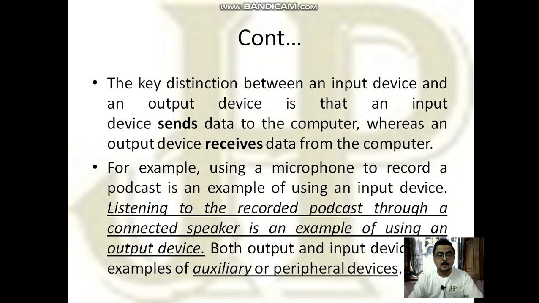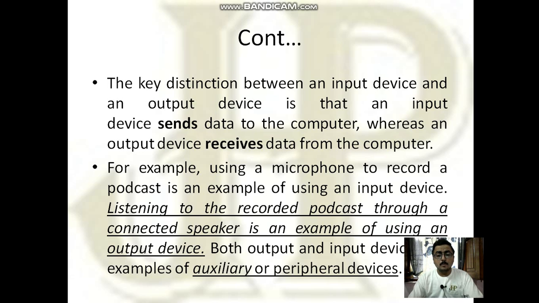So, the key distinction between an input device and output device is that an input device sends data to the computer, whereas an output device receives data from the computer. For example, using a microphone to record a podcast is an example of using an input device.